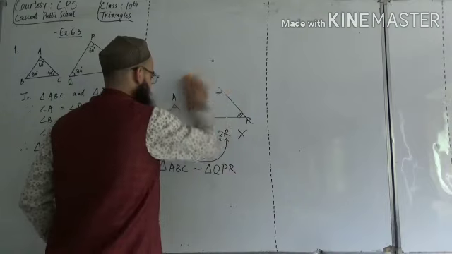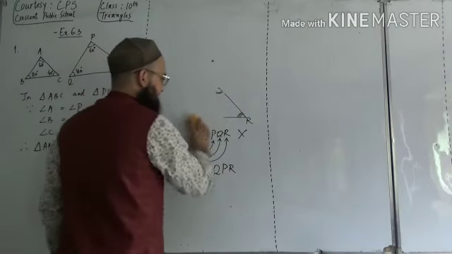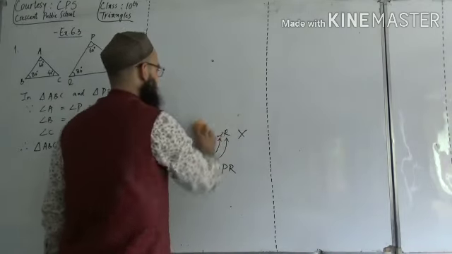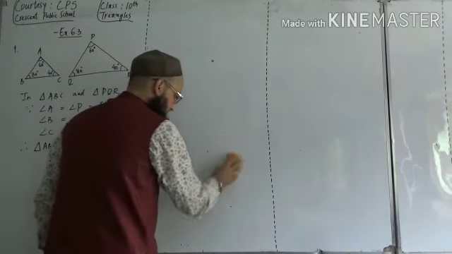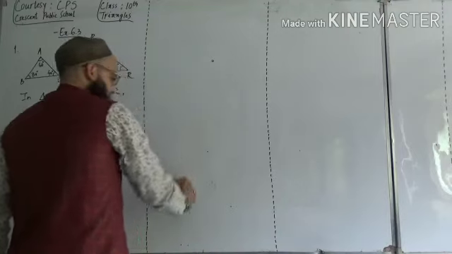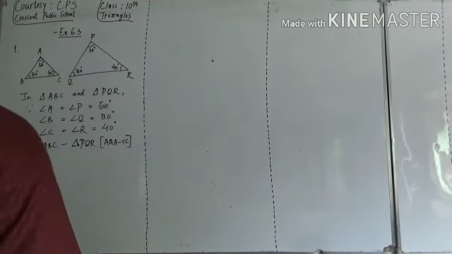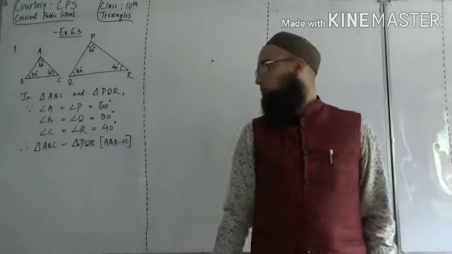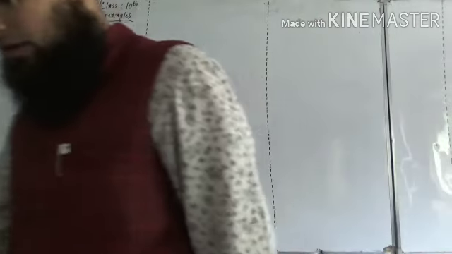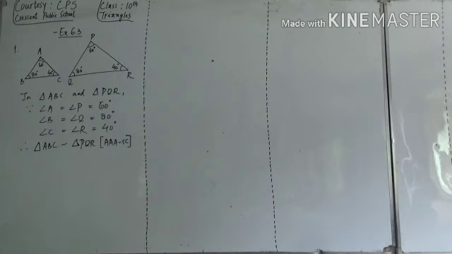So keep this point in mind. Okay, so you got triangle ABC is similar to triangle PQR by angle similarity criterion.